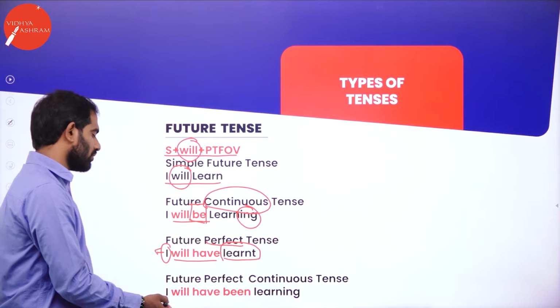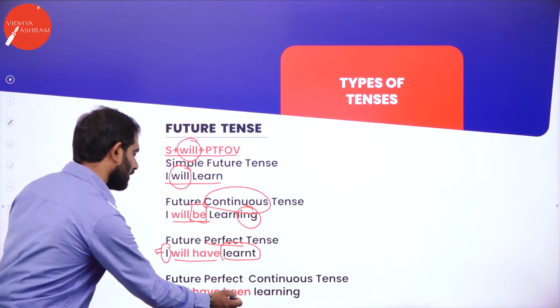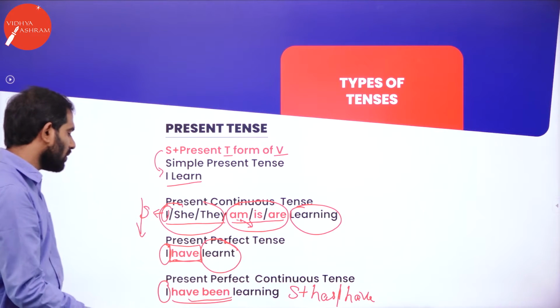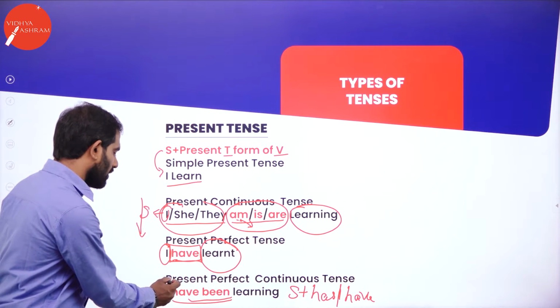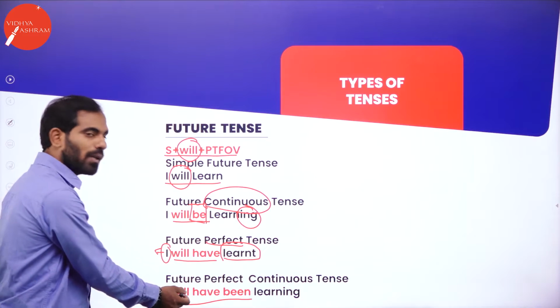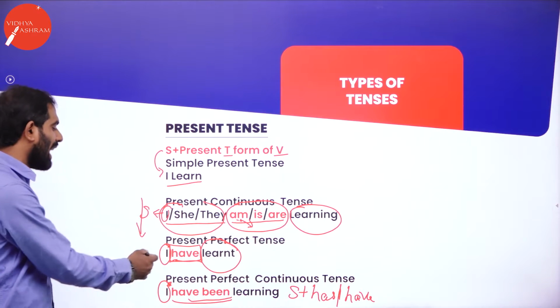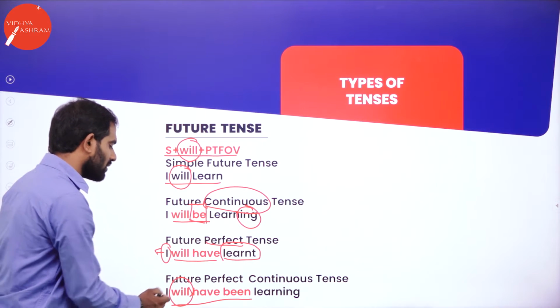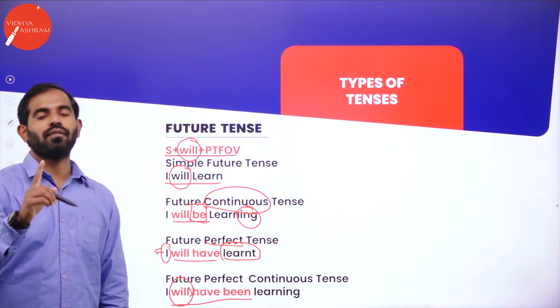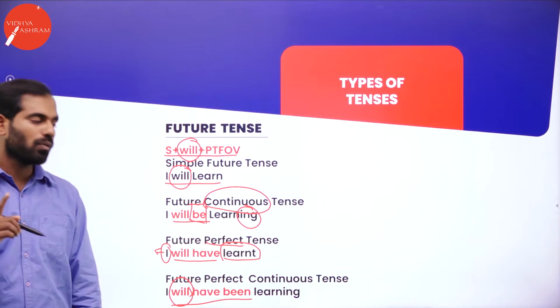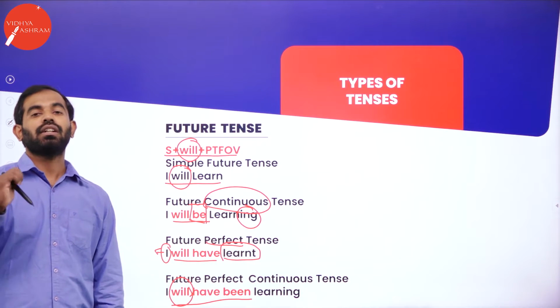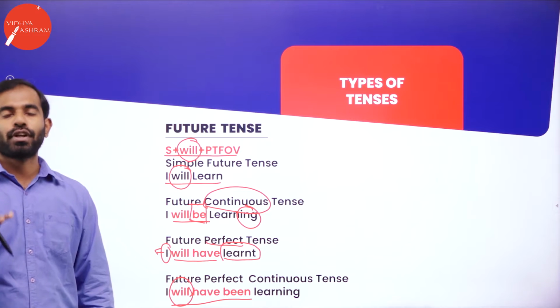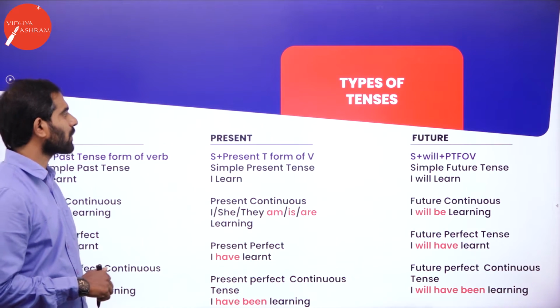Future perfect continuous tense: I will have been learning. Only thing you need to add is will have here. When it comes to future, will have will be added. If you go back to present, I have been learning. So the only thing which you need to add is will. So each and every auxiliary verb or helping verb will decide whether the tense is past, present or future.